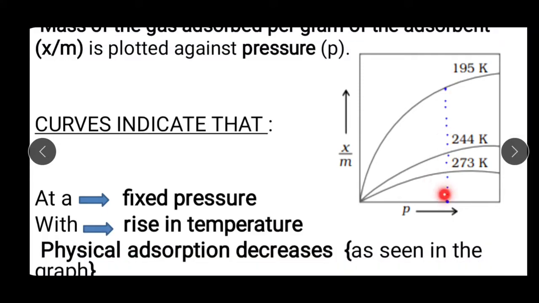Now when we keep fixed pressure, among the three temperatures given here, the highest temperature is 273. At this point the x by m value is the least, and at the least temperature the x by m value is the highest.